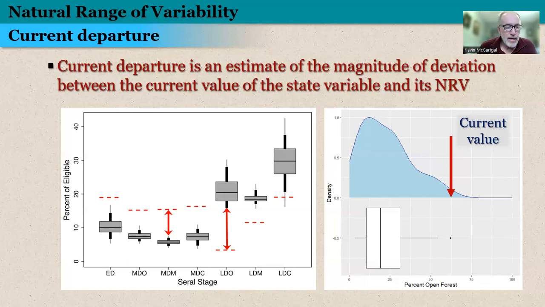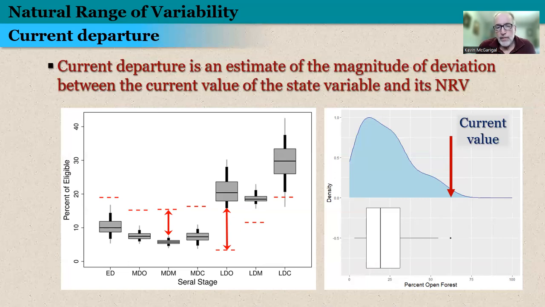Where the red horizontal line is outside that range given by the box and whisker plot, we can state that there is departure in that attribute of the landscape. As you can see in this example, there is departure pretty much across the board. Several stages are overrepresented and some are underrepresented.